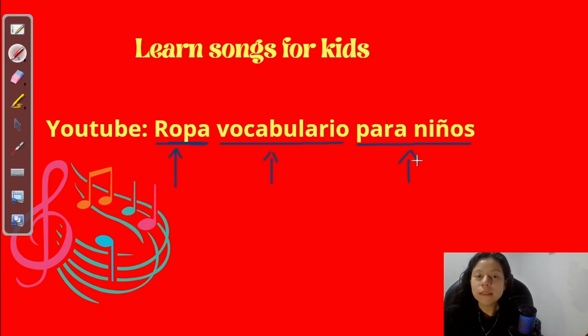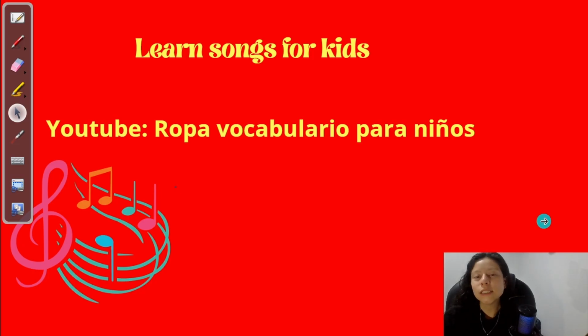So I recommend learning songs because it's very interesting. It's a fun way to learn. And remember that the songs are created with a catchy tune. So you're going to memorize the vocabulary very quickly and easily. So let's continue to the next tip.